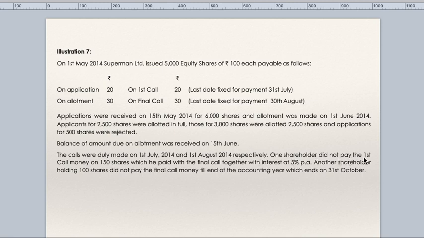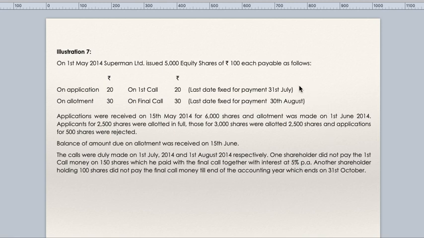One shareholder did not pay first call money on 150 shares, which he paid with the final call together with interest at 5% per annum. So there is default as regards first call money. On 150 shares, first call was not received, but he made payment of first call with final call at 5% rate of interest.